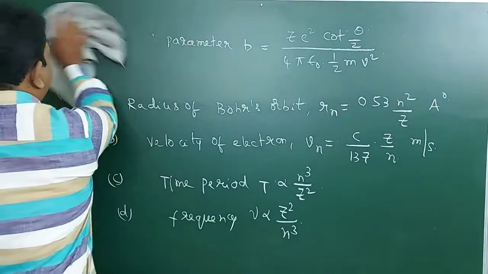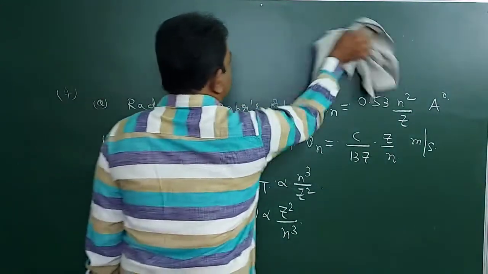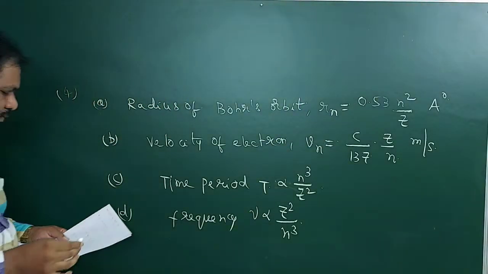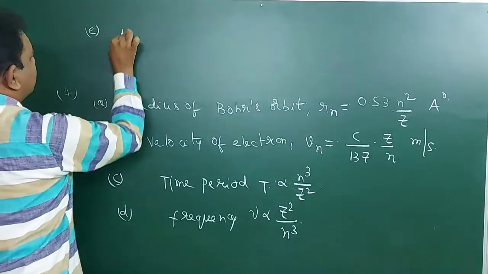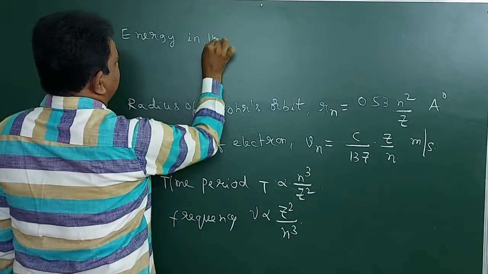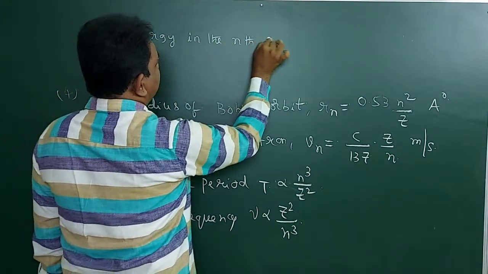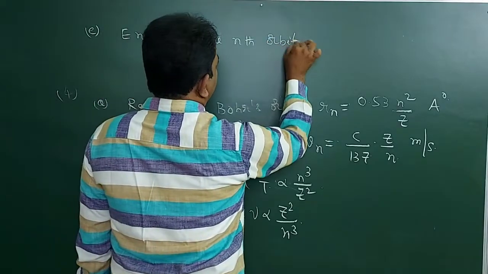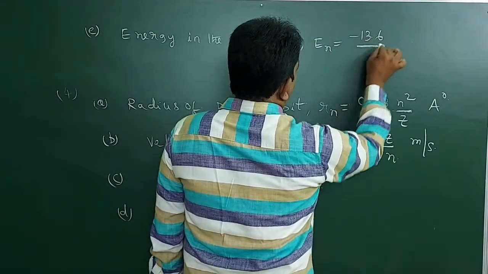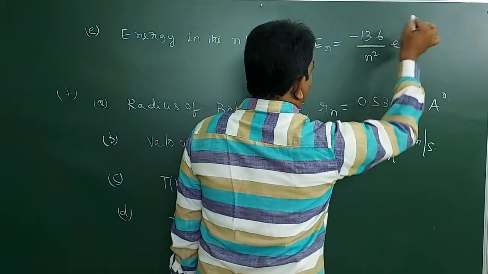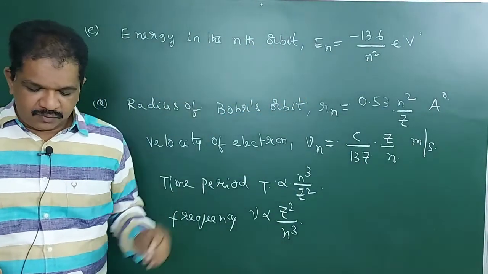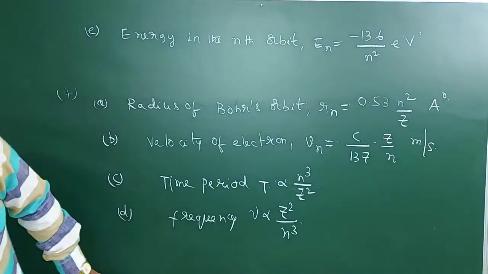Next, after finishing this, one more, energy they will give. Energy in the nth orbit: En is equal to minus 13.6 by n square. That value will be in electron volt. Okay, next one more.